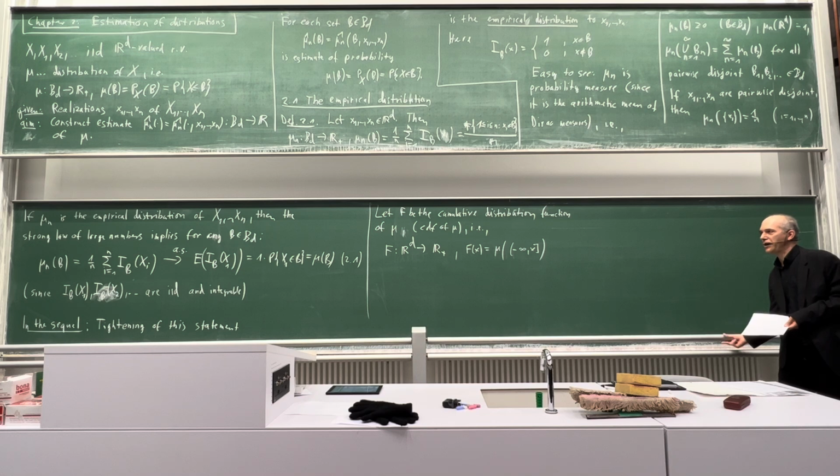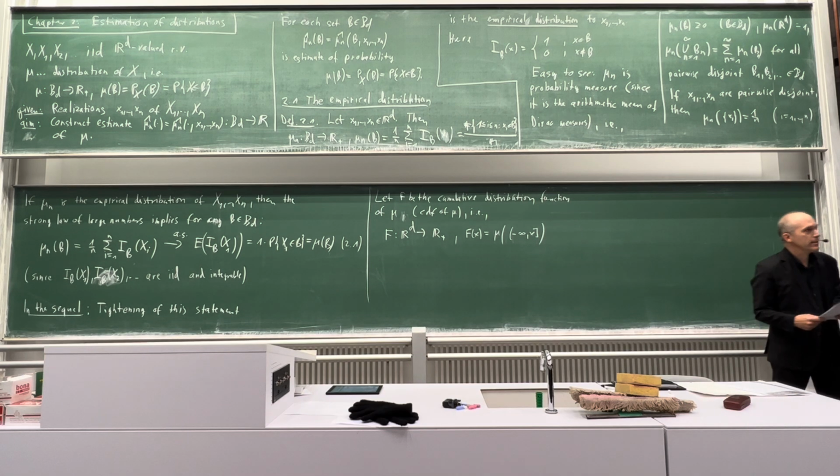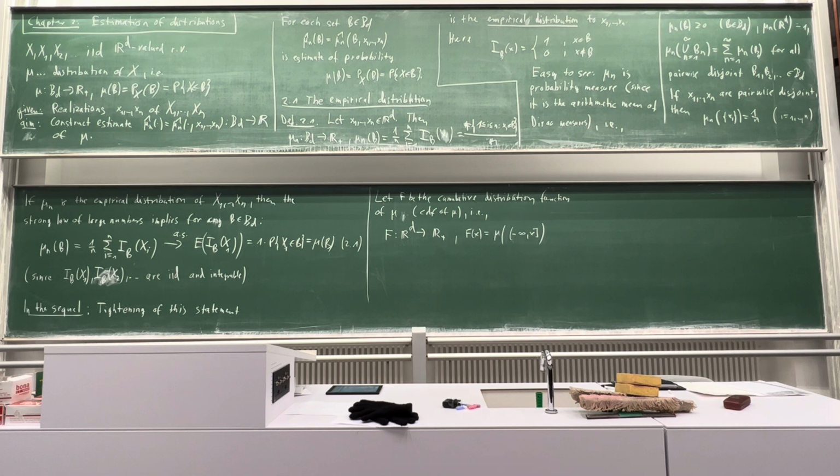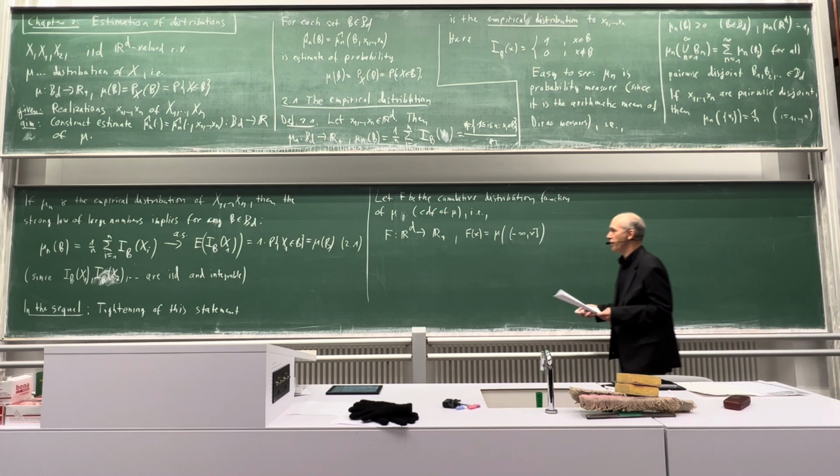Now I have to explain what this interval is in case the dimension d is greater than 1. That's just the cross product of the intervals minus infinity to the first component of x, with minus infinity to the second component of x, and so on.